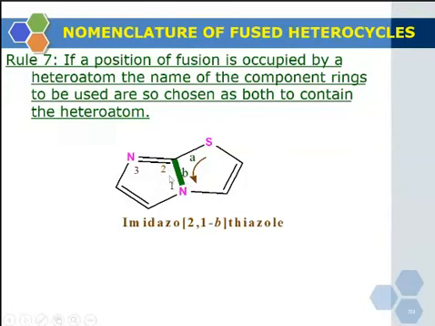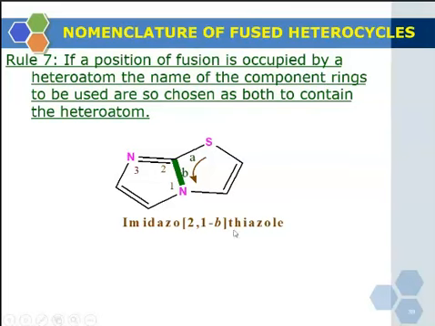Here we can see it is 1,3 relative position, hence it is imidazole ring. And here it is a 5-member ring bearing sulfur and nitrogen, hence thiazole. Since here there is sulfur and nitrogen present in this ring, this ring will be considered as the parent ring and this will be considered as the substituent ring.